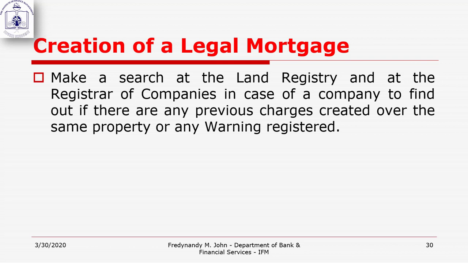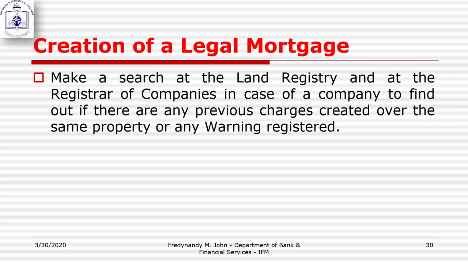It has happened several times that two banks come and collide. That is, two banks come to find out that a single property has been mortgaged with both banks, and so it brings a problem when it comes to the realization of the borrowed funds in case of default.